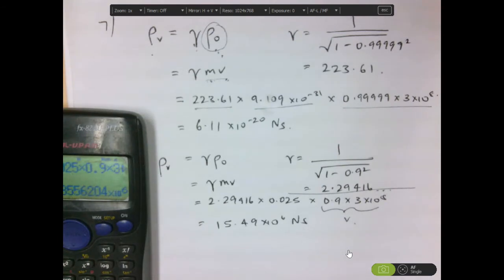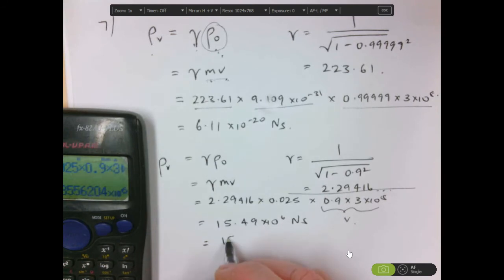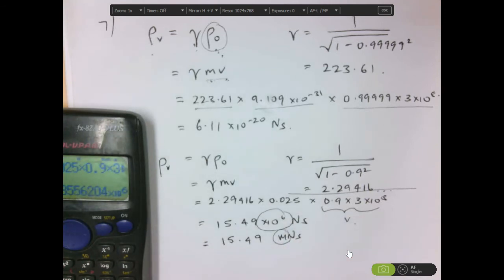Okay, checking that I'm all good for that question. Oh, good. Okay, in the actual answers, I've got this in mega, so it's 1.5 mega Newton seconds. So it's just that exponent becomes the capital M there.